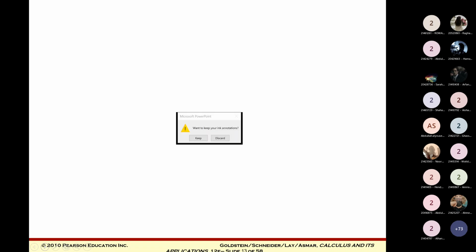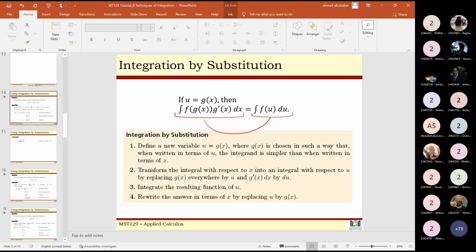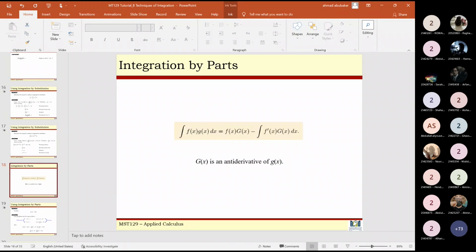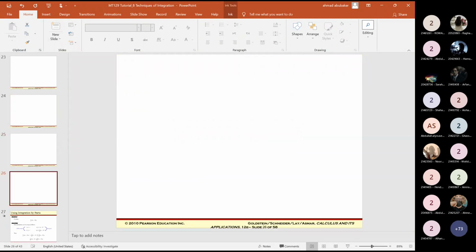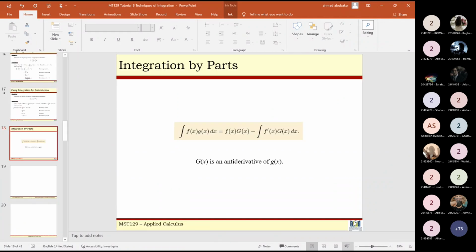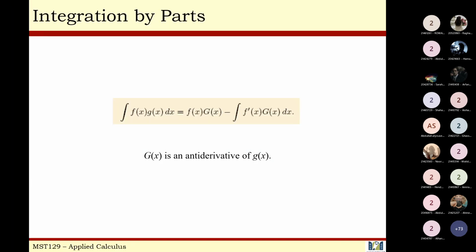Okay, wait. This is integration by parts.